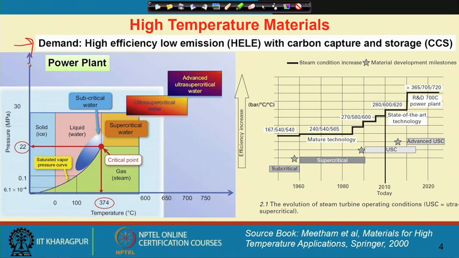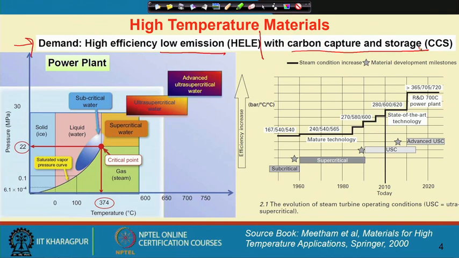So, at the very beginning the demand is higher efficiency and lower emission of carbon dioxide, which is called HELE. However, these days another supportive technology has been developed to reduce the carbon dioxide coming out of a power plant into the atmosphere. This is called carbon capture and storage, CCS technology.